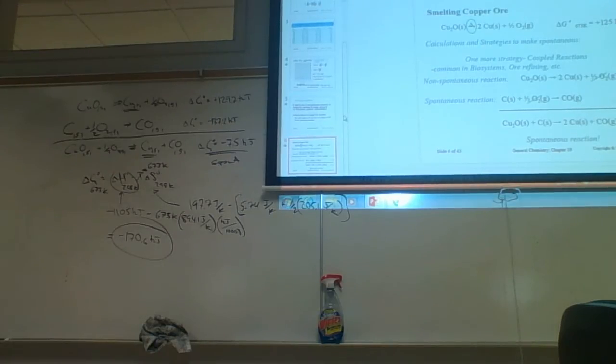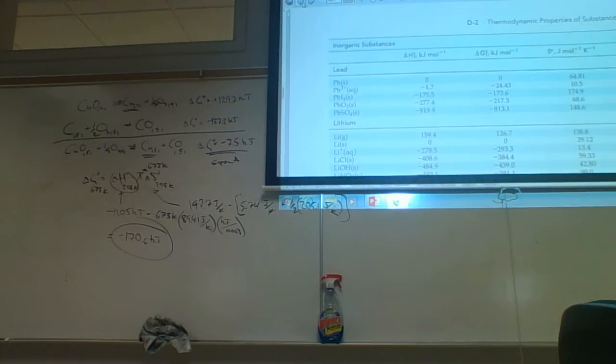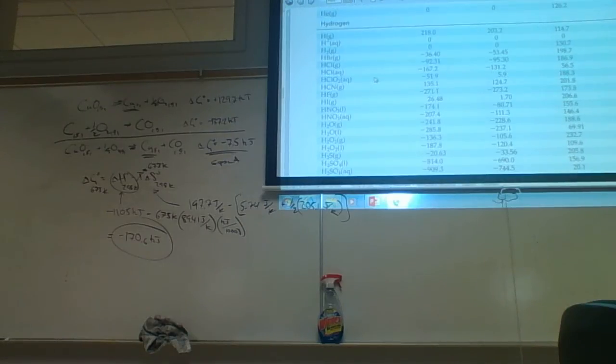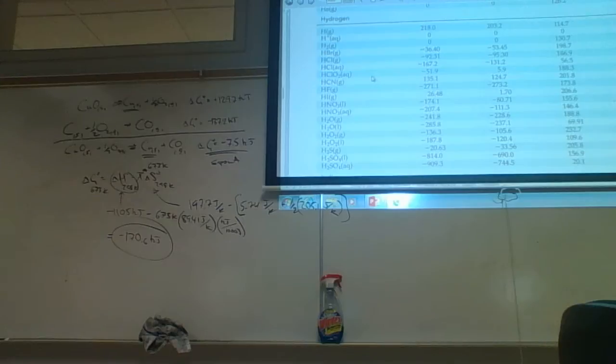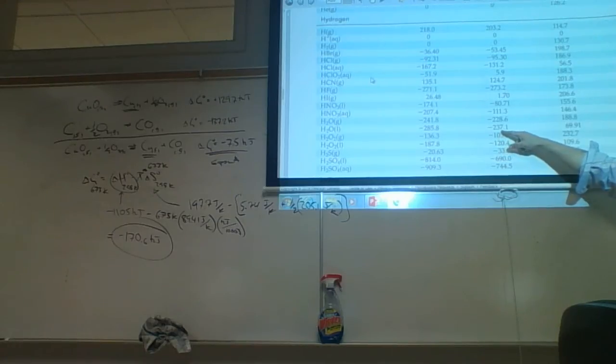Although hydrogen would be dangerous, we could see what difference that would make. Because instead of forming carbon monoxide, if we use hydrogen gas, we'd form H2O liquid. Delta G of formation for that would be minus 237.1.